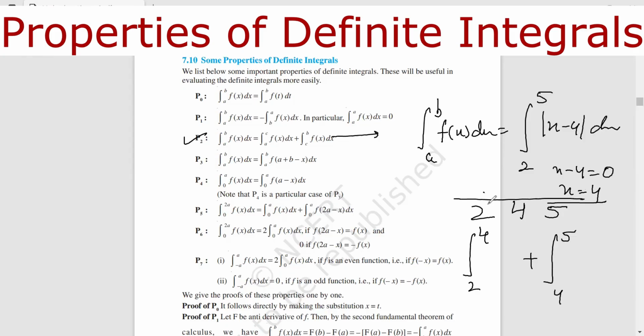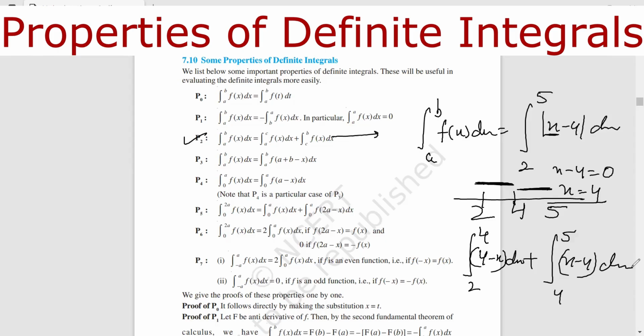For the first case, whatever values of x I take between 2 and 4, the answer will always be negative. So I will take this as 4 minus x. And for the values from 4 to 5, it will always be positive. So my answer will be x minus 4 into dx.